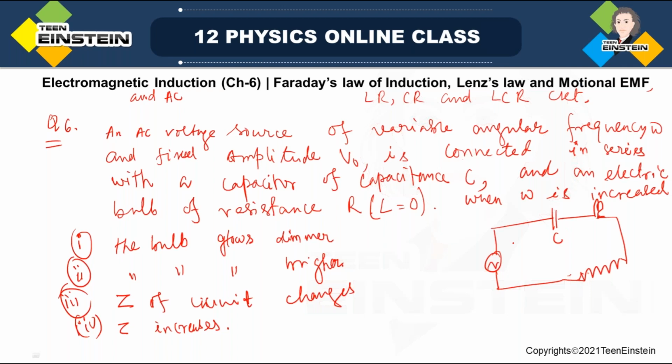So the question is whether it will be glowing brighter or dimmer, or whether the total impedance of the circuit Z changes or increases. So what is the answer in this case?